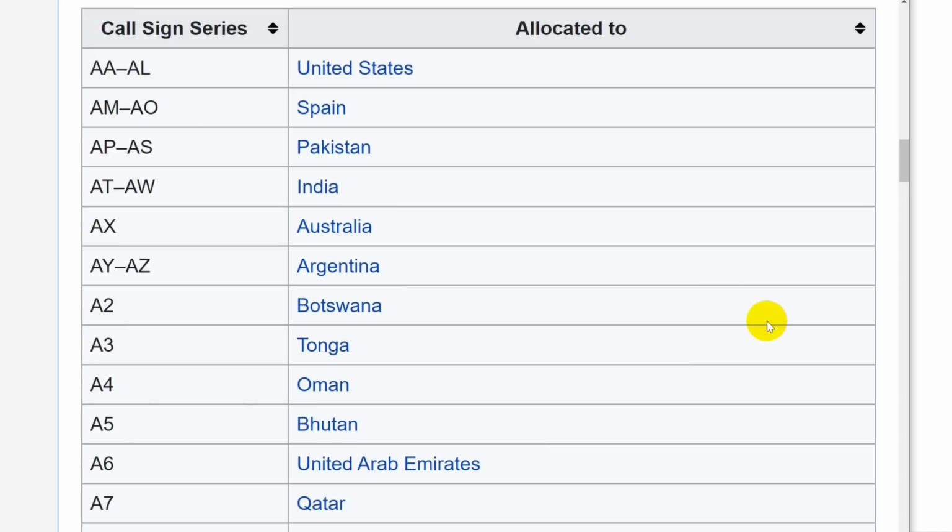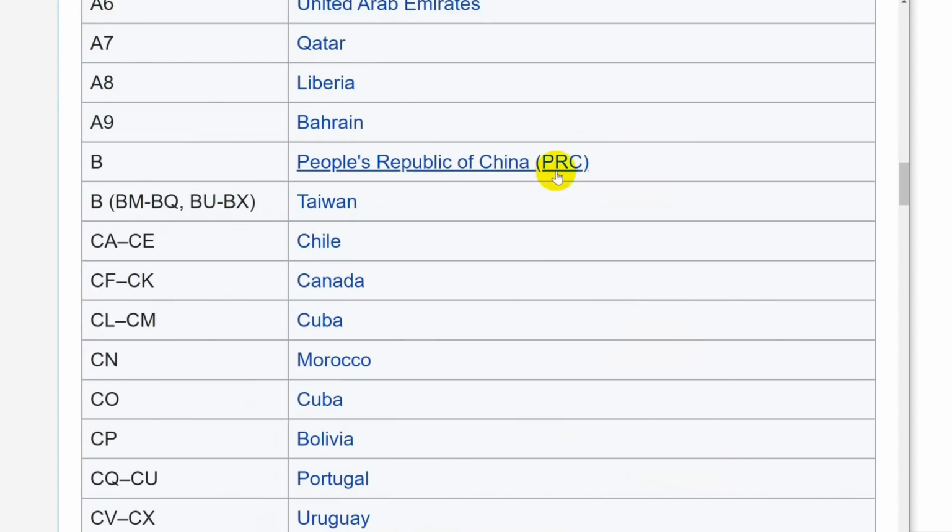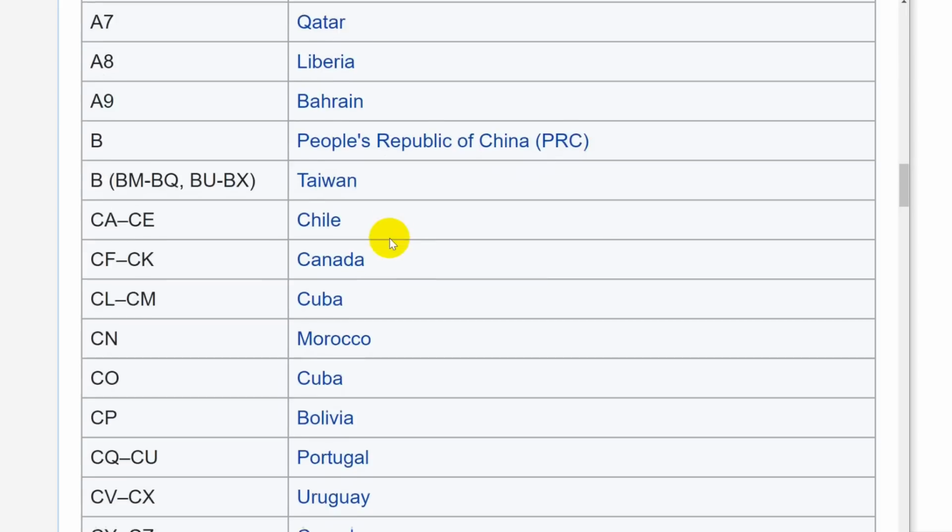There are World Administrative Radio Conferences every several years, and they're the ones who administer this. So here's your United States right up at the top. And B, oddly enough, is the People's Republic of China, all of it. However, Taiwan is given BM through BQ and BU through BX. Okay, and there's a big to-do, always has been, between these two.